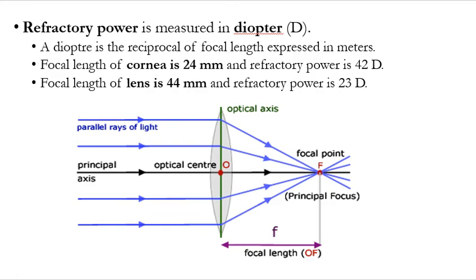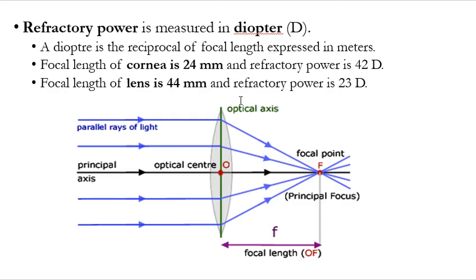So as I said, diopters are the name of the power, and this is a reciprocal of the focal length. Okay, it's usually expressed in meters. So you find that for the cornea, you have about 24 millimeters, and the refractory power is 42 diopters.